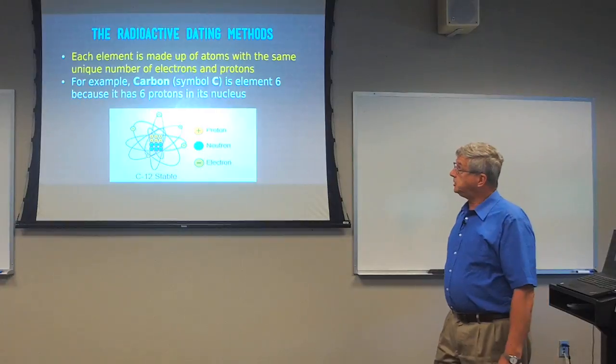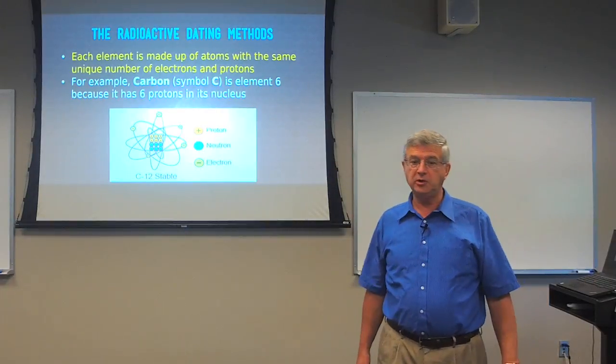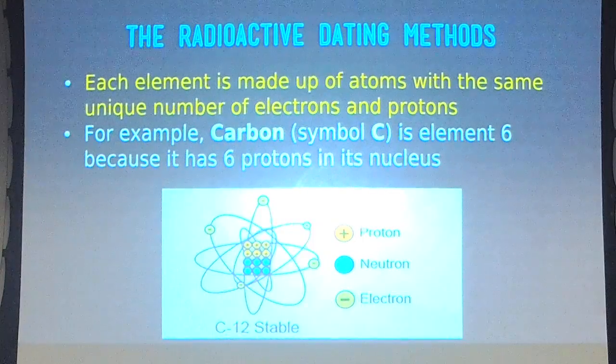So each element is made up of atoms with the same unique number of electrons and protons. The number of protons gives the element its chemical name. So for example, element 6 is carbon, and it has 6 protons in the nucleus.